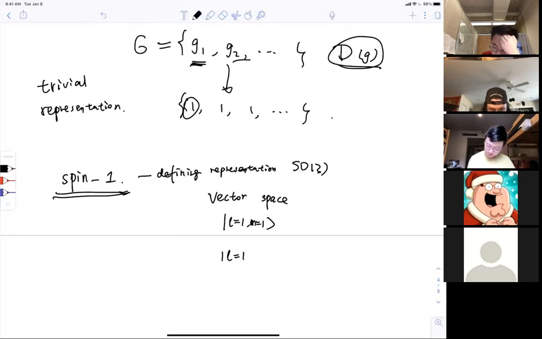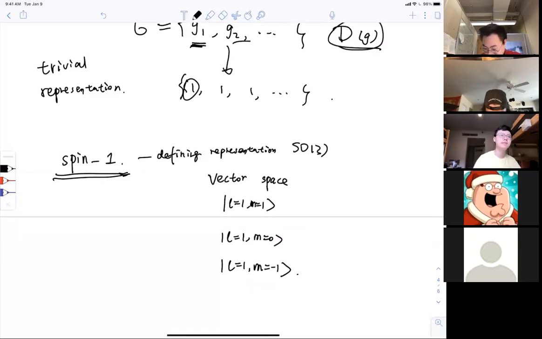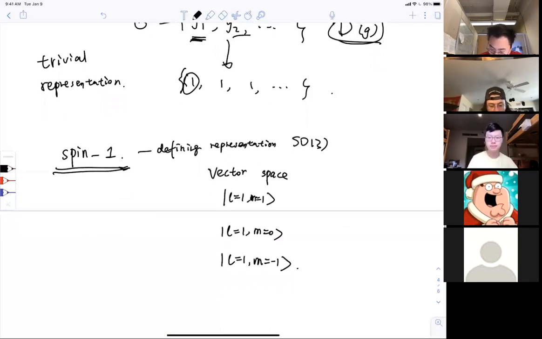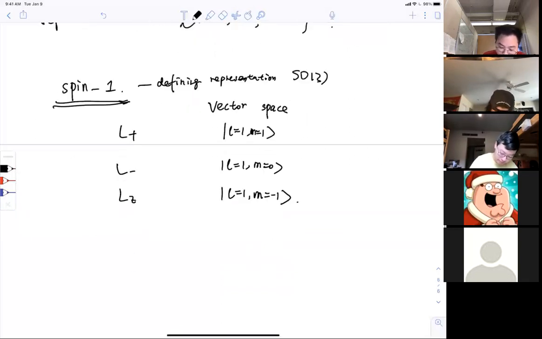You may wonder how I get this kind of basis, in this LM form. You need to do some algebra, and I just ignore that because I think this is enough for a physics class. And we know how L plus, L minus, and LZ act on this basis, and I think you did that last quarter.